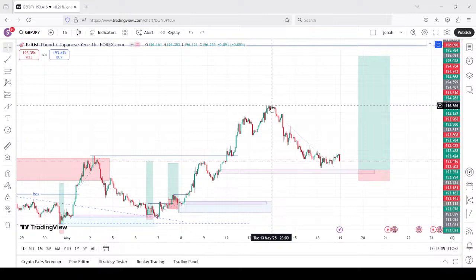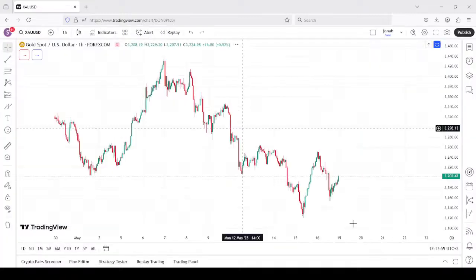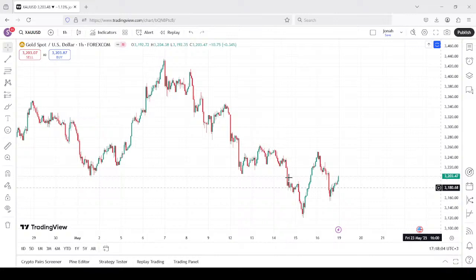And for gold, so yes guys, as for gold, as we see, I'm also bullish on gold.